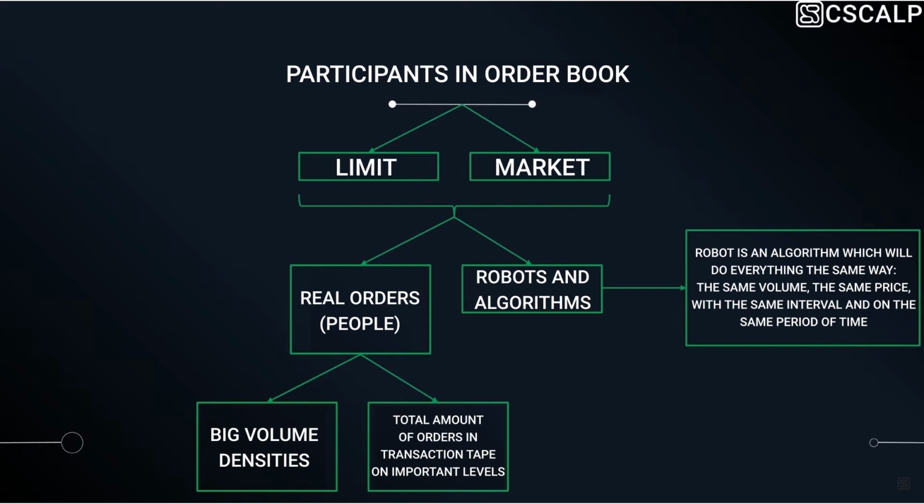A robot is a clearly created algorithm which is going to do everything the same way. I mean, the same volume. For example, the robot is buying the same volume, at the same price, at the same interval, and in the same period of time. Also, it operates way faster than a human.